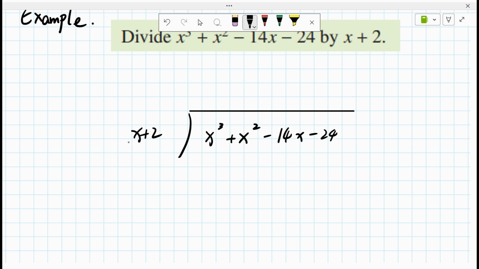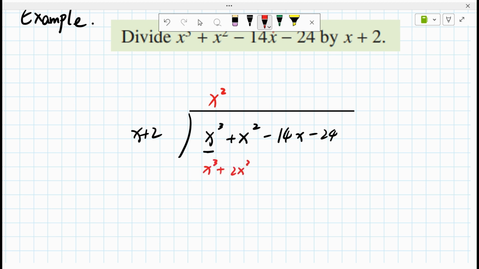Let's think about how we can cancel out the x cubed in the first division. x plus 2 times some term equals x cubed something, so we choose x squared, because x squared times x equals x cubed, and plus 2 times x squared.